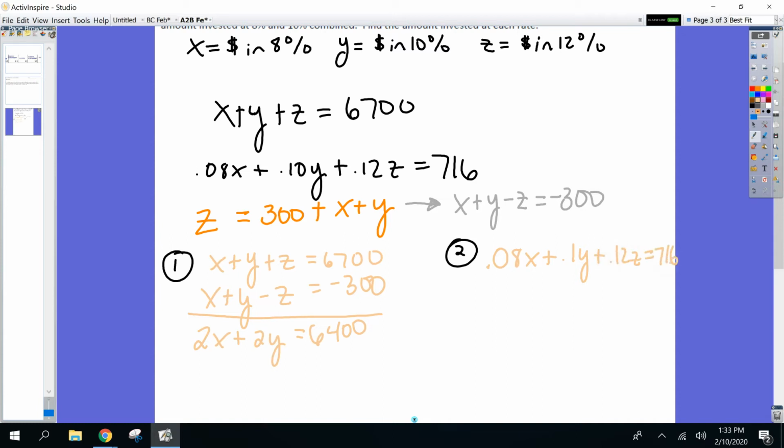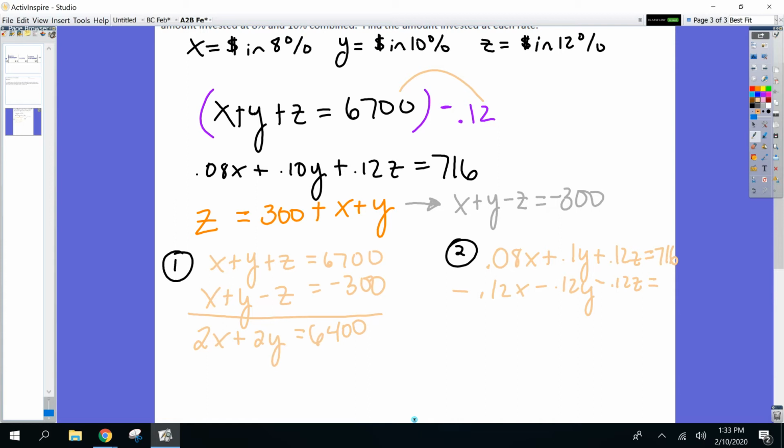Before I write equation 1 down here, what do you want to multiply it by to make the Z's cancel? Negative 0.12. Yep. Okay, everyone, let's do this together. Negative 0.12x minus 0.12y minus 0.12z. And anybody got this number here? Make sure you distribute it to the 6,700 as well.